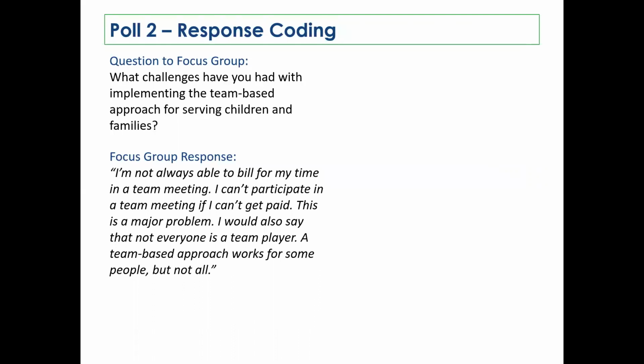And this is also where you might want to tweak the response possibilities. So for example, many of you selected C5, conflicts between team members. You might decide as a team, maybe we should broaden that a little bit and call it interpersonal issues, or something like that. So you would discuss it.